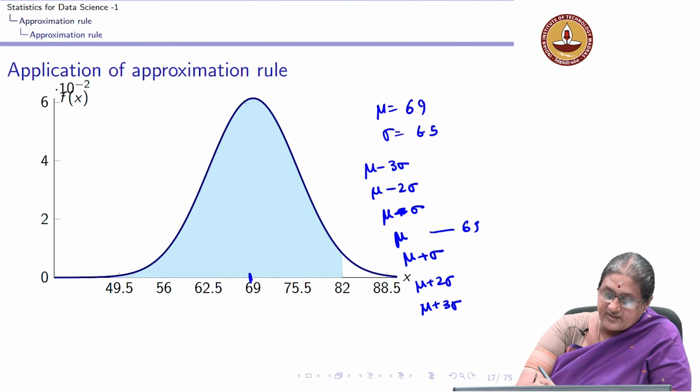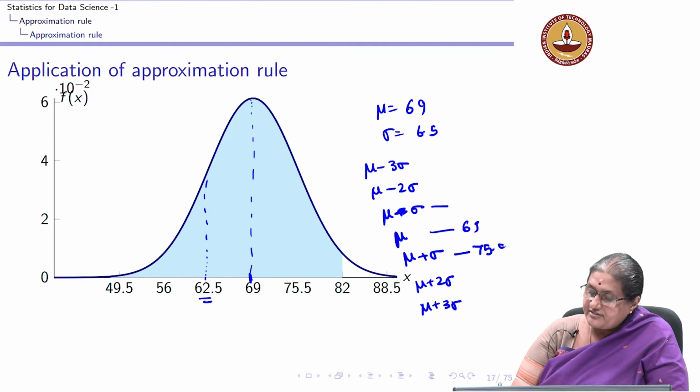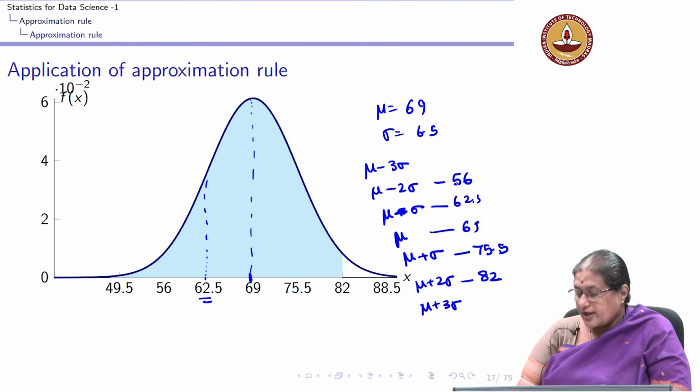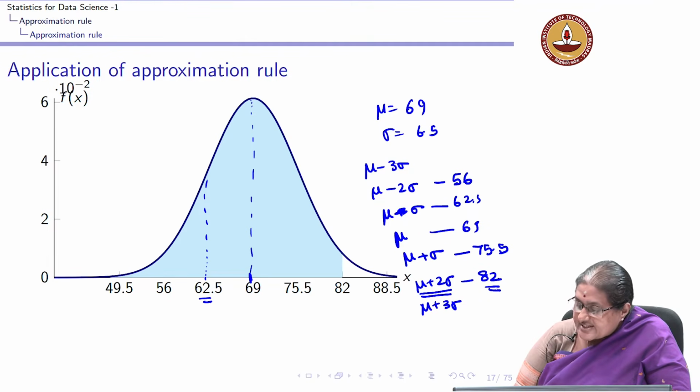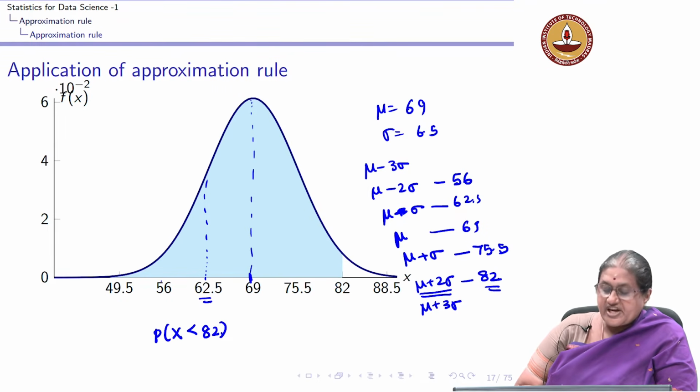Mu minus sigma is 62.5. Mu plus sigma is 75.5. Mu plus 2 sigma, which is 69 plus 13, is 82. Mu minus 2 sigma is 56. Our question is X less than 82, which is the shaded region.